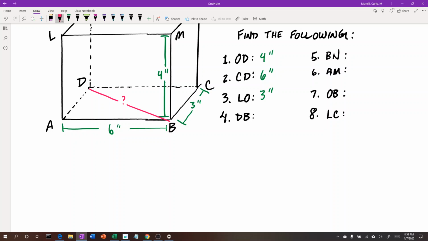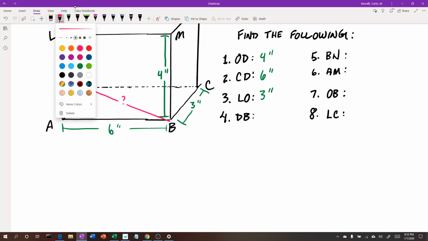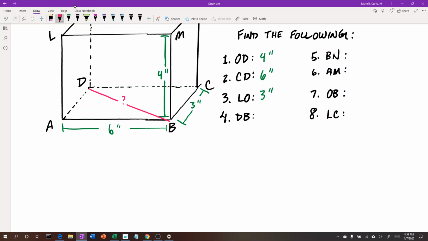How am I going to label that? Label it in this pink color, I guess. So we already know that this distance here is 3 inches, because that's the same distance as BC, and we were given that information. So this is 3 inches.